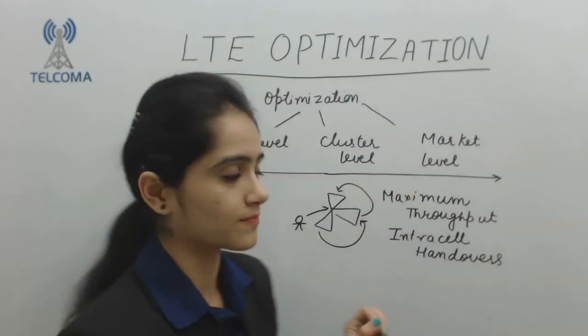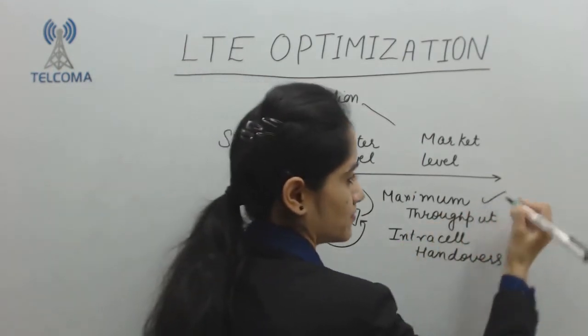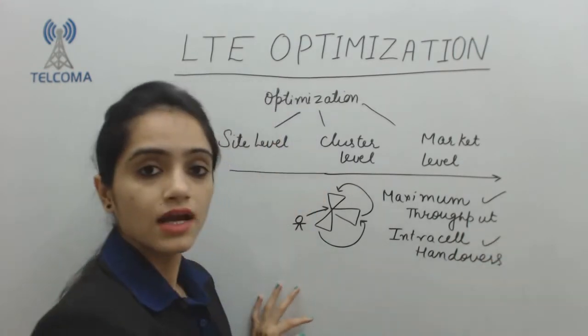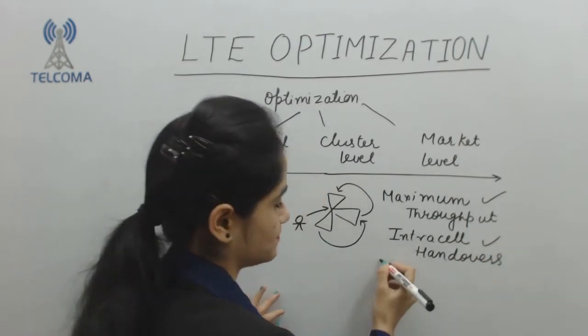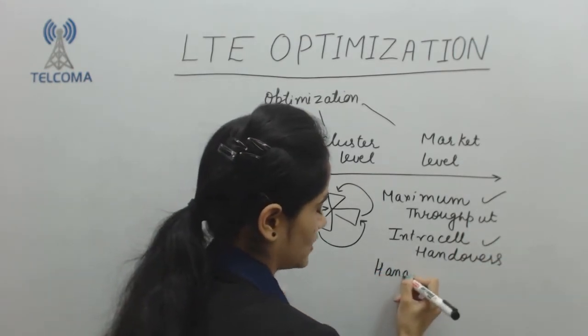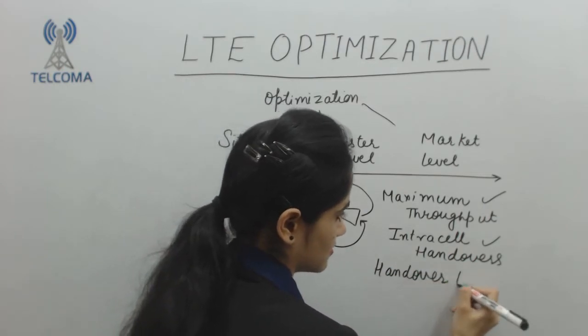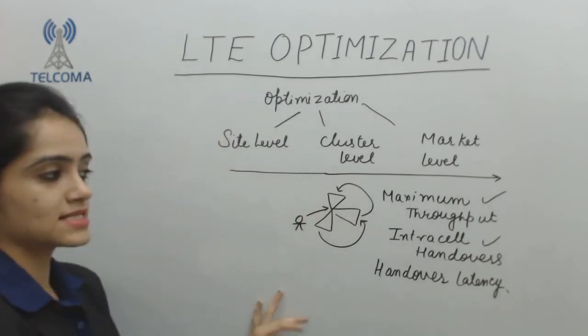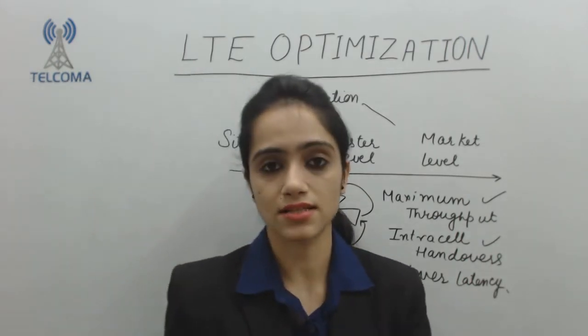So first is to find out the maximum throughput, then intra-cell handovers, and also handover latency. Latency is the minimum time for the handover decision.